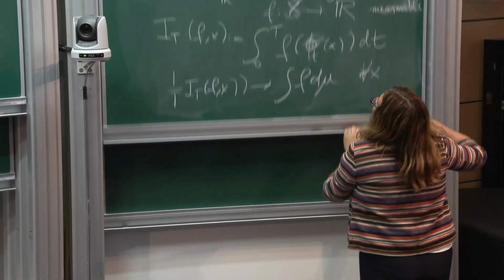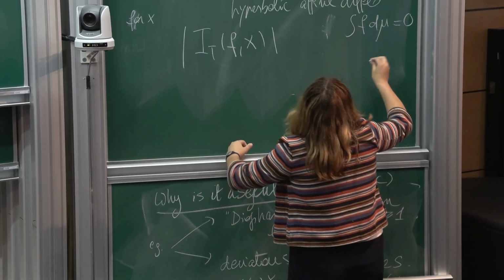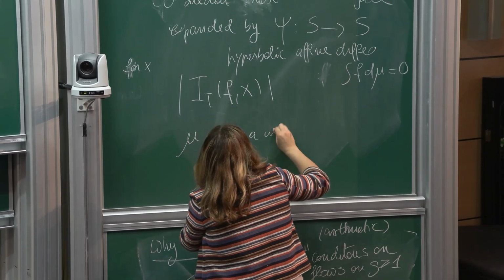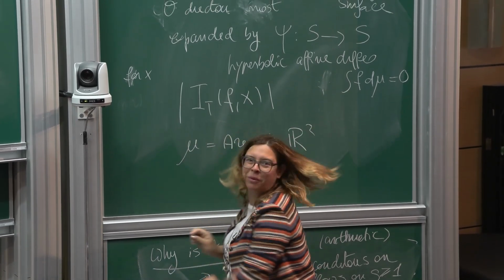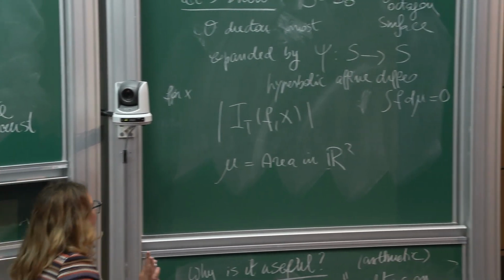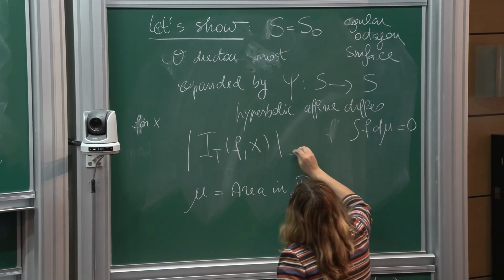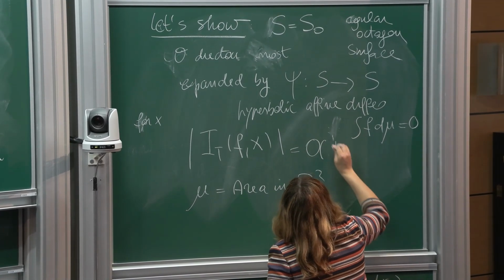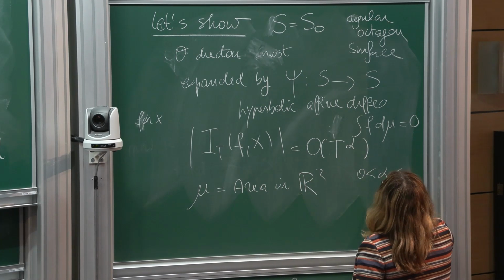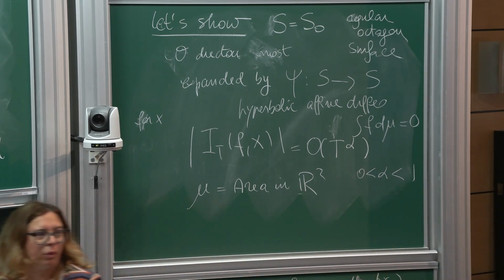So what is the setting? The surface, and what is the measure? Mu here is just area in R2. The measure is just area because it's invariant under the linear flow, so it's my invariant measure. And I want to show that these grow like t to the alpha, where alpha is a constant strictly between 0 and 1.